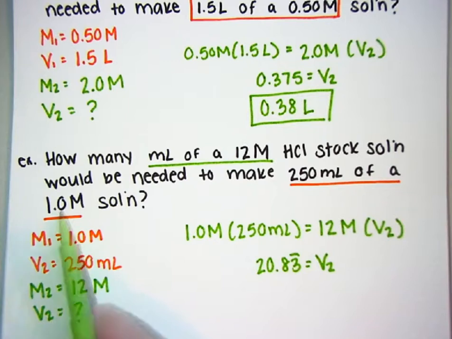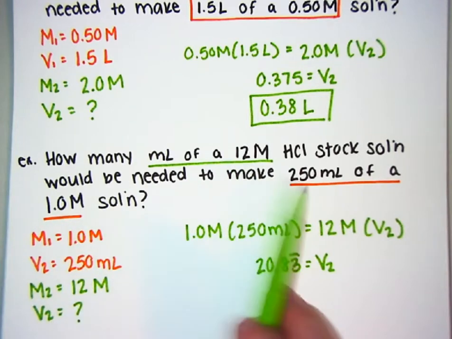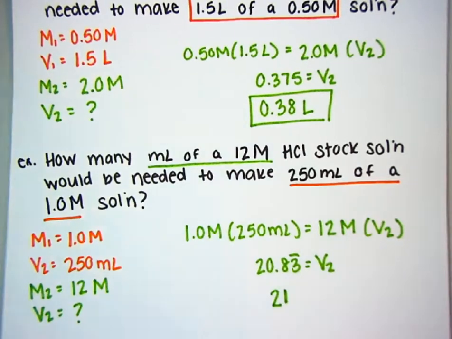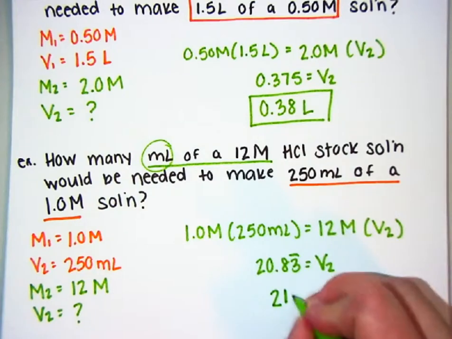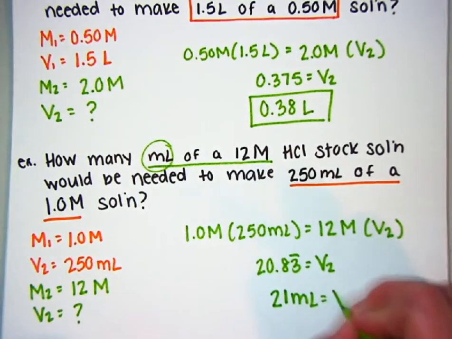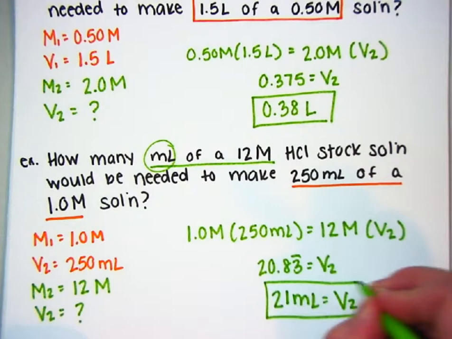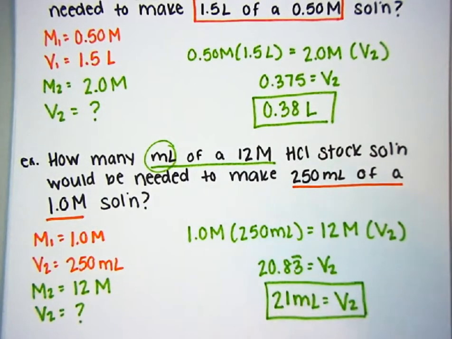Trailing zeros after a decimal are significant. Every measurement has 2 significant figures, so my answer can have 2 significant figures. And then don't forget units. So final answer, we would only need 21 milliliters of our 12 molar stock solution. The rest we would add water, and that would dilute our solution.